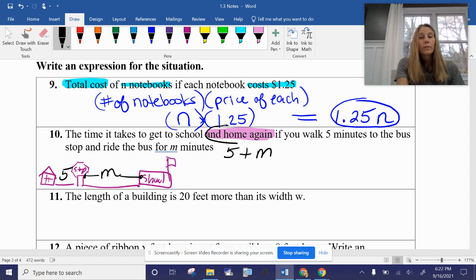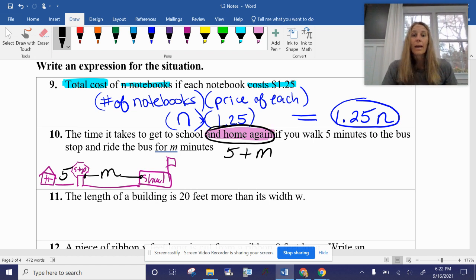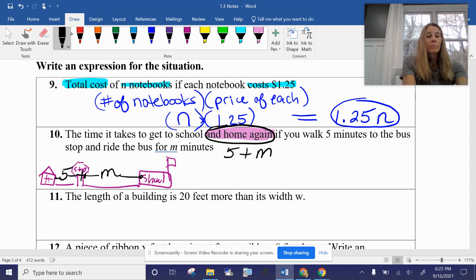But we also have to get home again. So now we have to go back. So we did 5 plus the m, but now we have to go back. So plus the m again, and then plus that 5 minutes again. So this would be one way we could represent that.